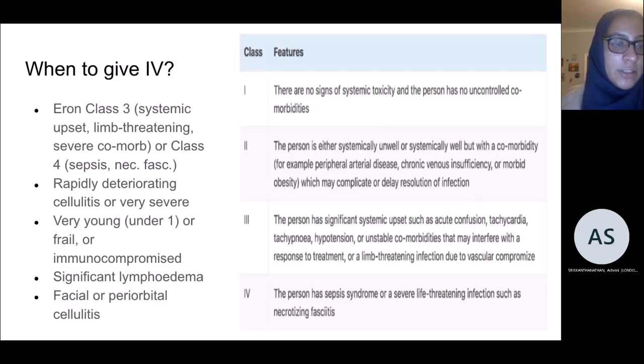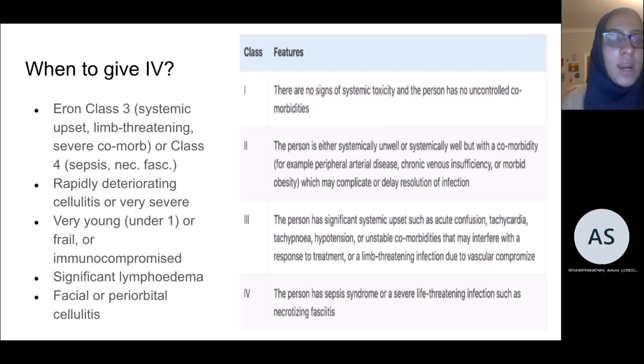Also if they're having a rapid deterioration, if they're very young, meaning under 1, if they're immunocompromised, if they've got any facial or periorbital cellulitis, or if they've got significant lymphedema, you might want to consider giving IV antibiotics.